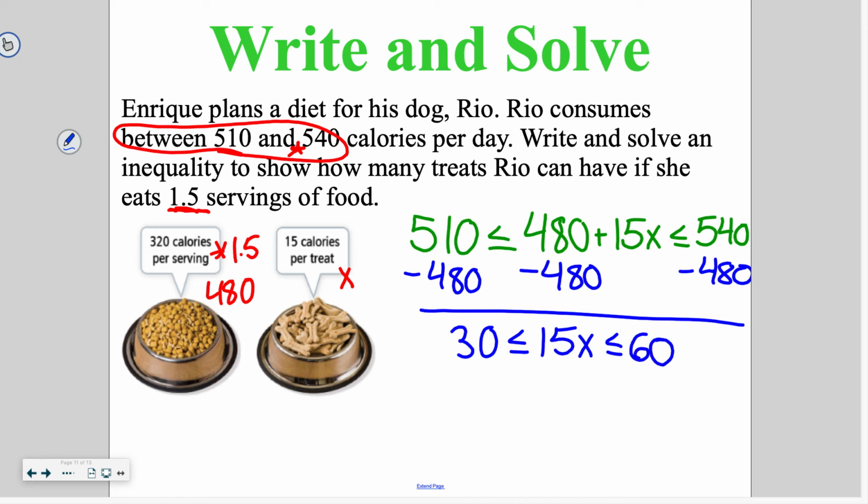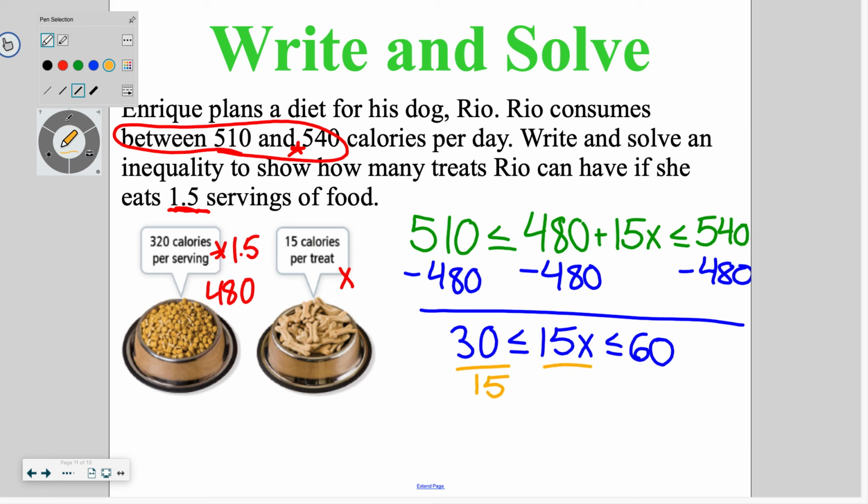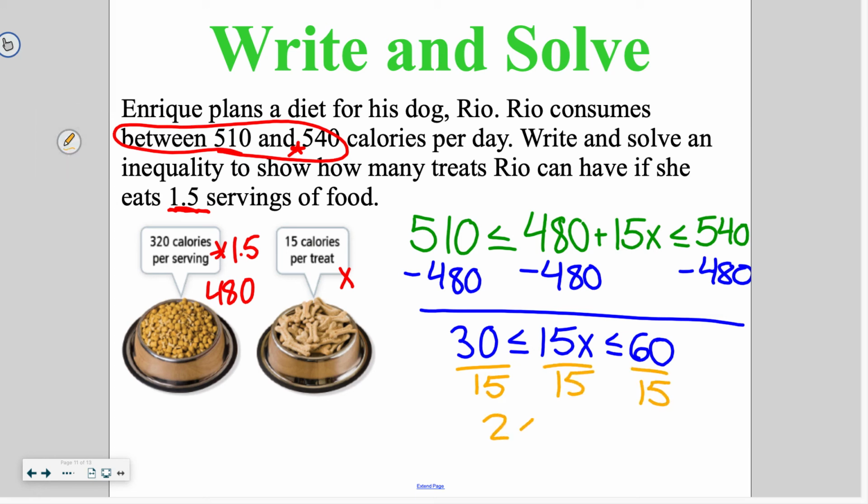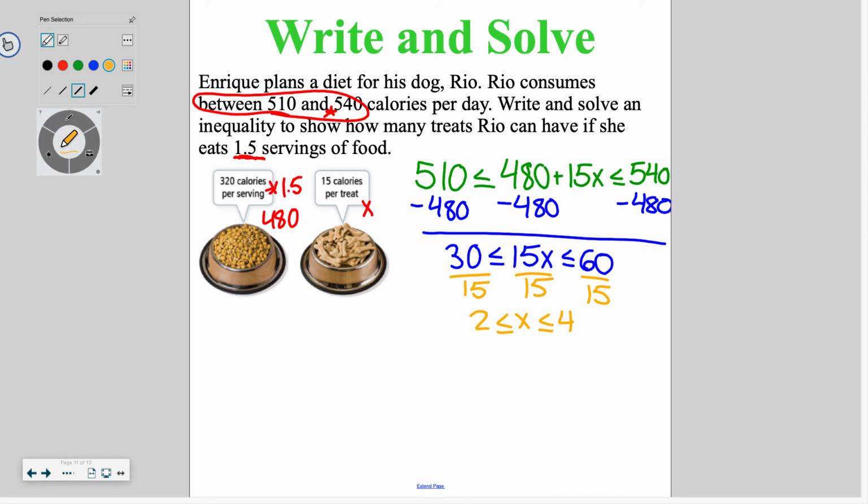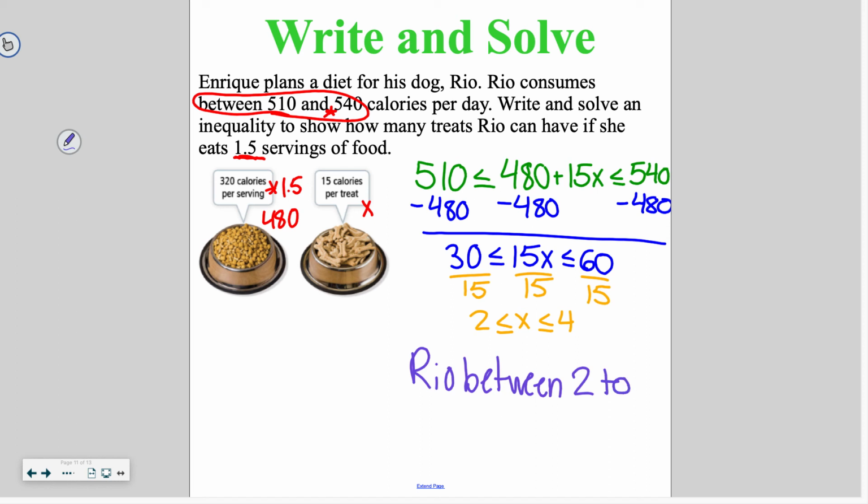And I'm going to solve by dividing everything by 15, which is going to give me 2 is less than or equal to x, which is less than or equal to 4. So my conclusion here would be that Rio can eat between 2 to 4 treats.